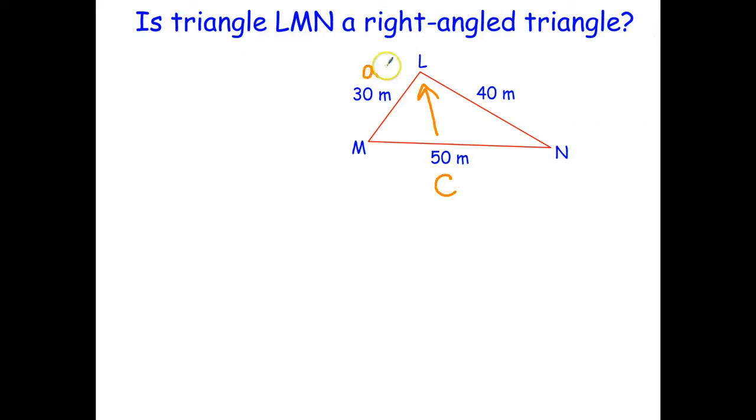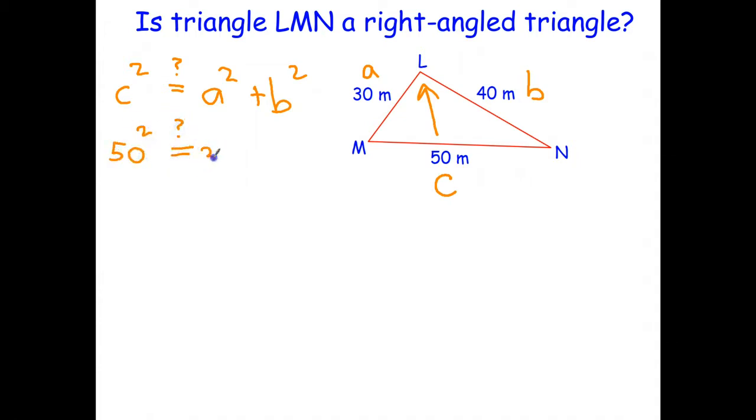A is the shortest side. B is the next shortest side. Write Pythagoras' theorem. C squared equals A squared plus B squared. Question mark. We don't know if this actually is a right angled triangle, and therefore we don't know if this relationship is true. In place of C, I'm going to put 50.